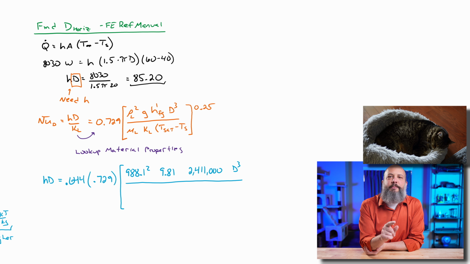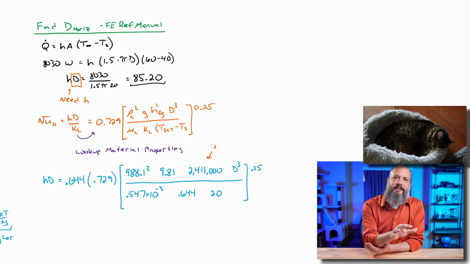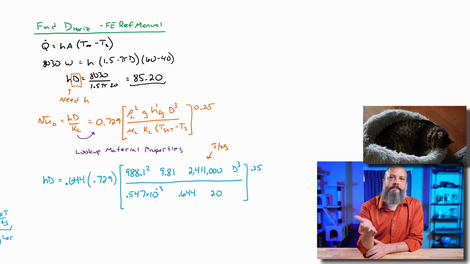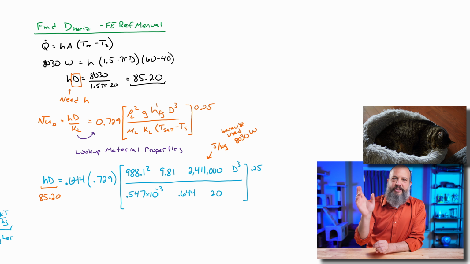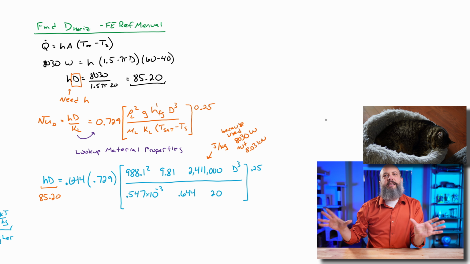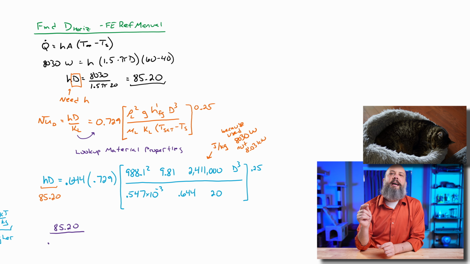I had to change CP instead of 2411 to 2.4 million because when I plugged in power earlier, I used 8,030 watts instead of kilowatts. So that means I need CP in joules per kilogram, not kilojoules. So I'll take the coefficients and divide them over, raise both sides to the fourth power to get rid of the 0.25.